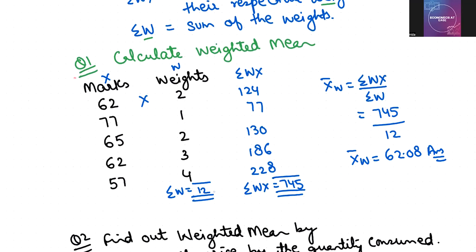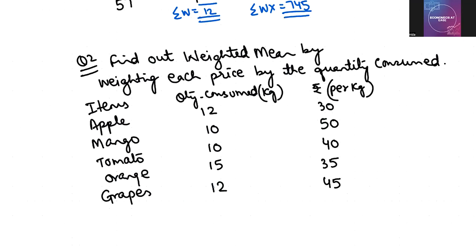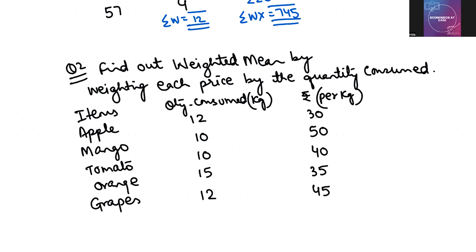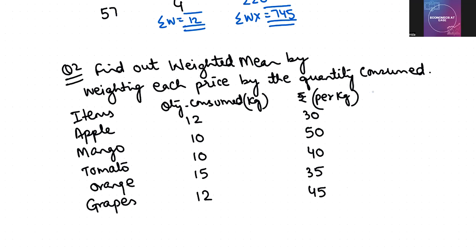Find out the weighted mean by weighing each price by the quantity consumed. Now what we will do here: this is your items and this is your weight, and per kg, that is the price. And we need to calculate summation wx here.